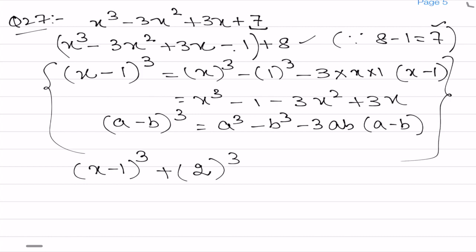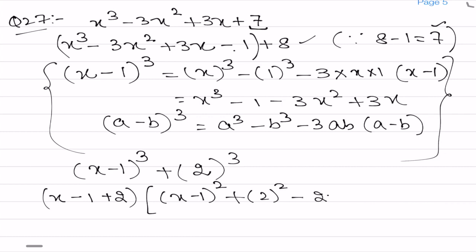So now see, here we can use the formula a cube plus b cube. So it becomes (x minus 1 plus 2) into ((x minus 1) whole square plus 2 square minus 2 into (x minus 1)). So x plus 1 is the first factor, and again with this (x minus 1) whole square, how will we expand? By using the identity (a minus b) whole square.